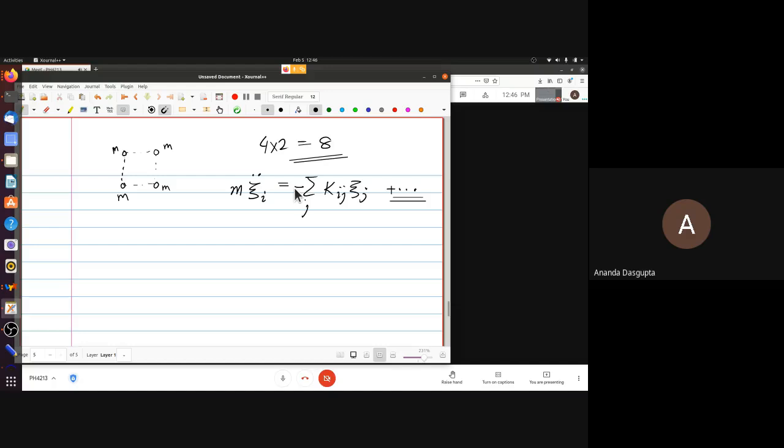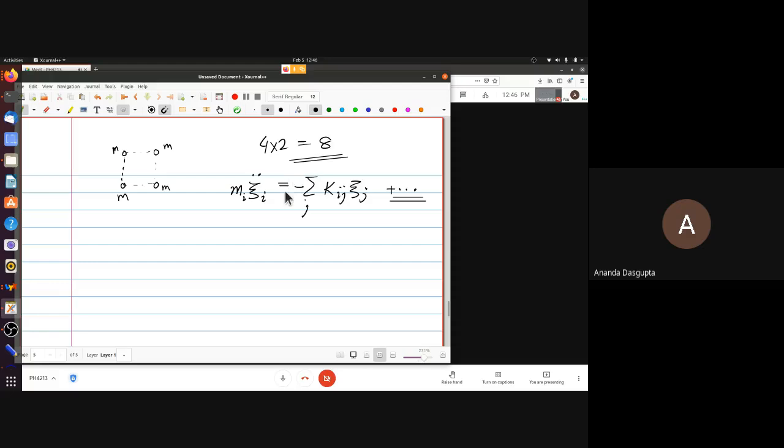So in general, for 4 different masses, you would have mi xi double dot equal to minus sum over j of kij xj plus higher order terms.